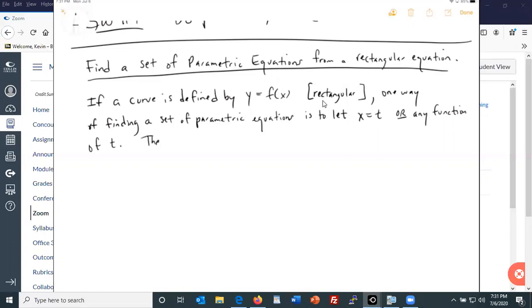So then we would have y equals f at t, because remember we're letting x equal t, so it's no longer f of x, but it's f of t now.